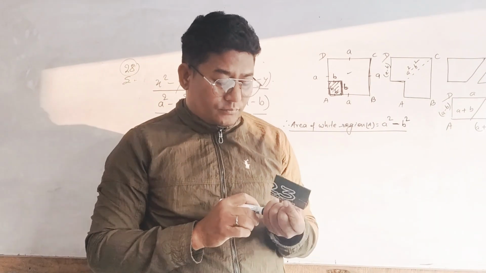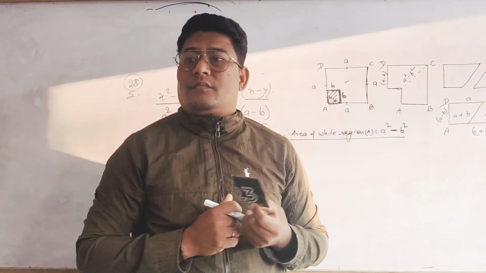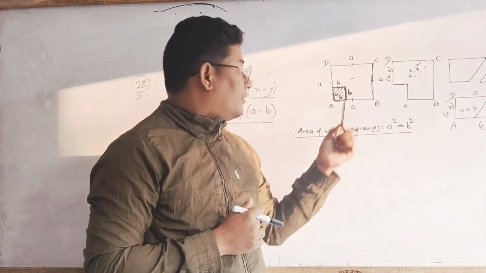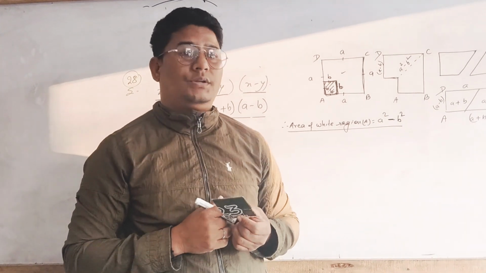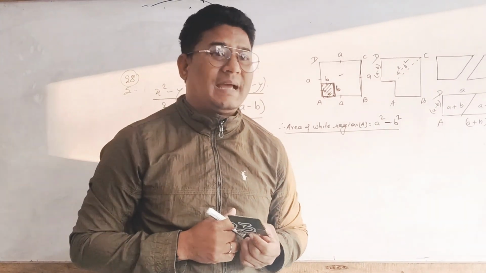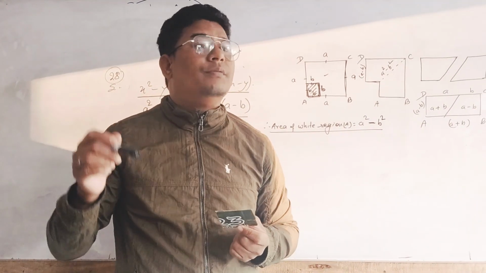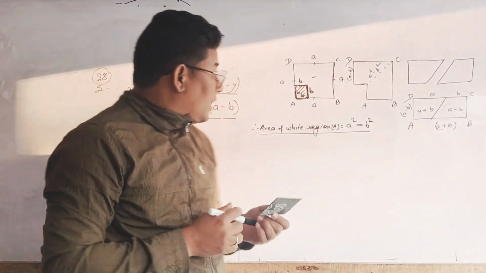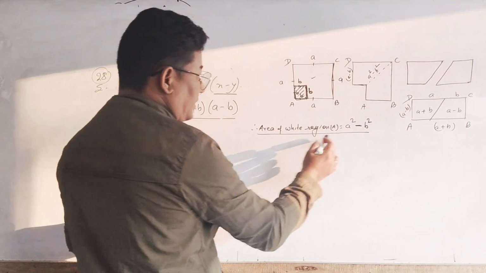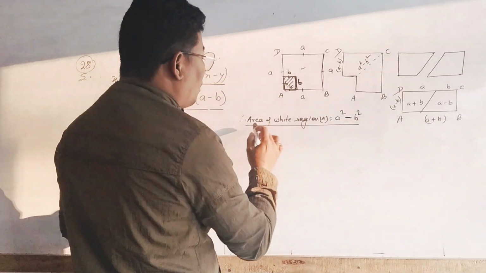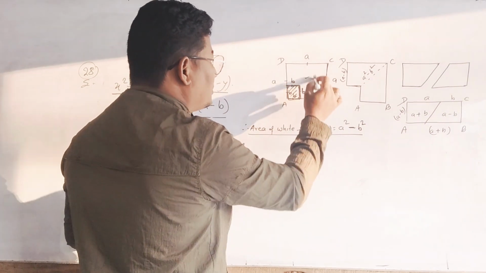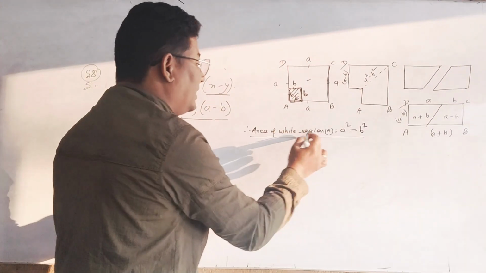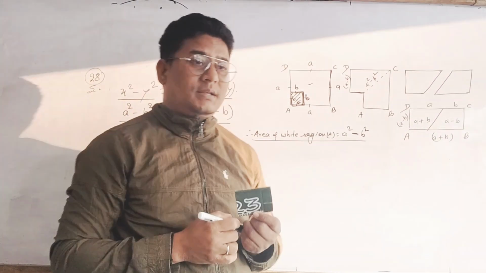The problem related with the figure, I think you have already been taught. Find the area of the shaded region, find the area of the remaining region. Then the area of the white region. White region means which is not colored, or you can say the area of the remaining region.